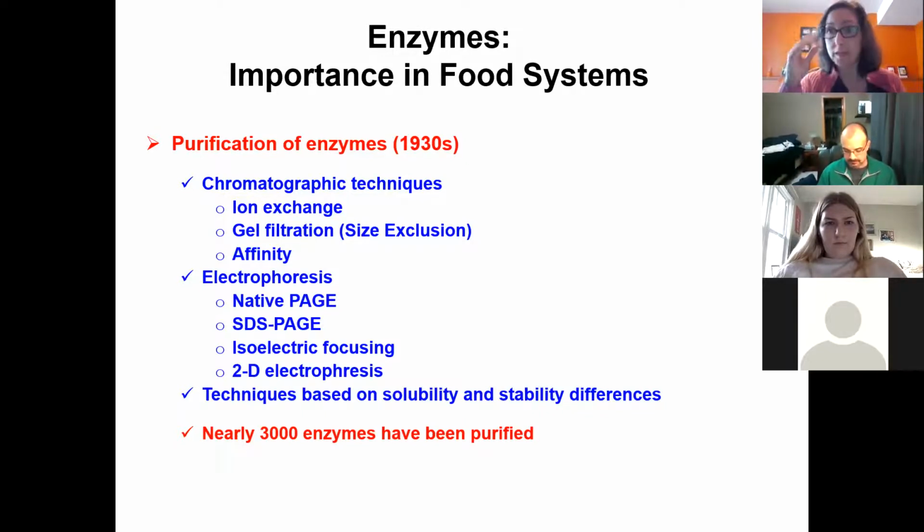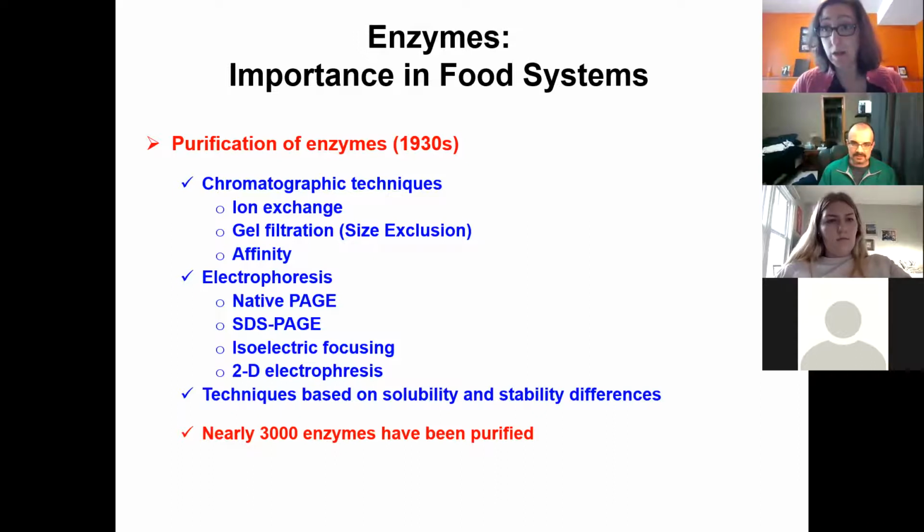So I showed you an example of the procedure I used to isolate enzymes in milk and also enzyme inhibitors in milk back when I was at Purdue. It was mostly based on solubility with salt and pH changes and centrifugation and stuff like that. And stability differences like denaturation, temperature, and stability under different pH and salt conditions. These techniques are very common to isolate and purify protein, enzymes.